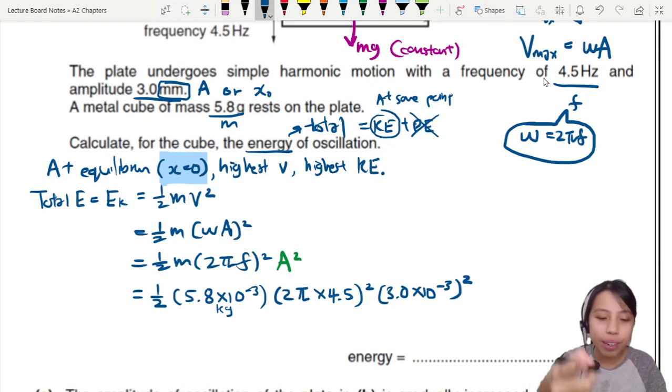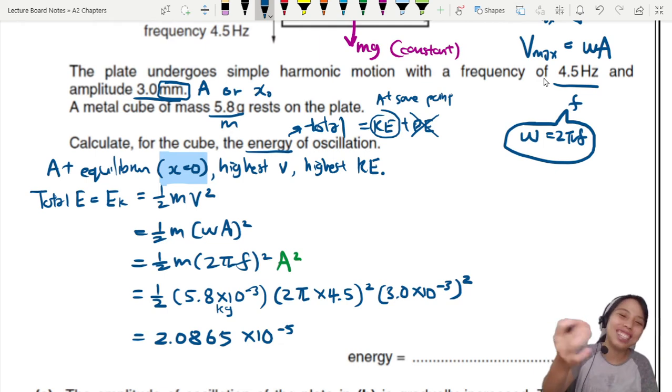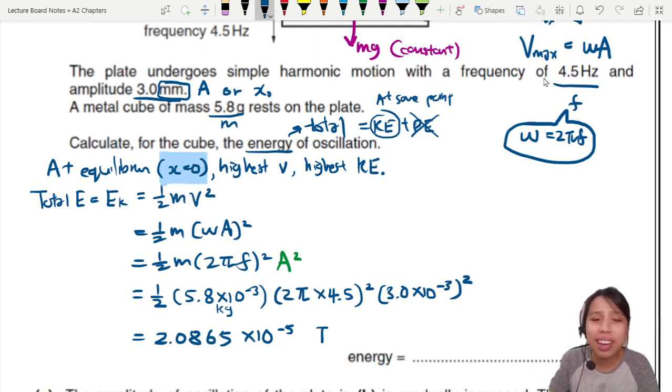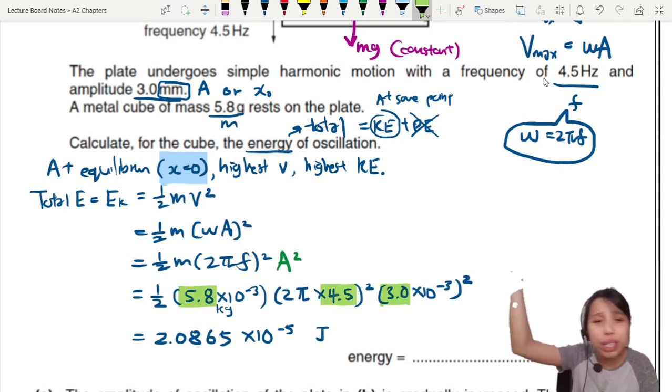And if you plug in everything correctly, you should get a value of 2.0865 times 10 to the negative 5 joules. That's a teeny tiny little amount of energy. It's still energy nonetheless, so how many SF should we write? Let's see the raw values given to us. 3.0 is in 2 SF, 4.5 is in 2 SF, 5.8 is in 2 SF, everything 2 SF.